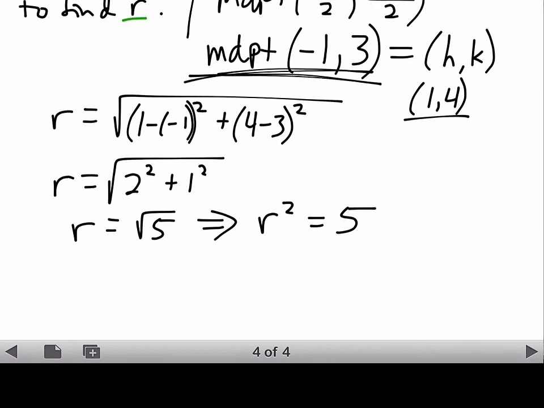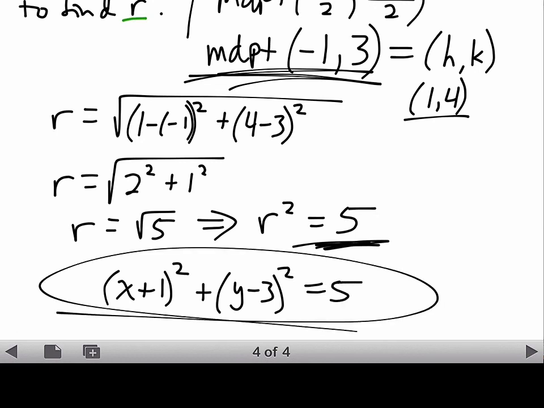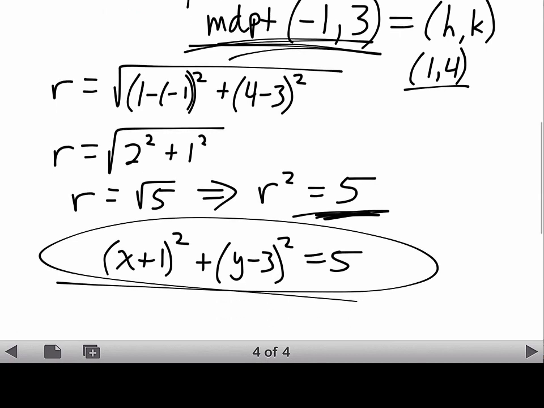Putting together the midpoint and the radius in standard form, we get (x + 1) squared. Remember, we changed the sign on what's inside the parentheses. Plus (y - 3) squared equals 5. I told you about a pitfall, so let's talk about it.